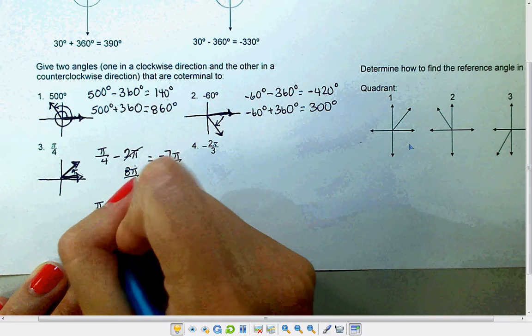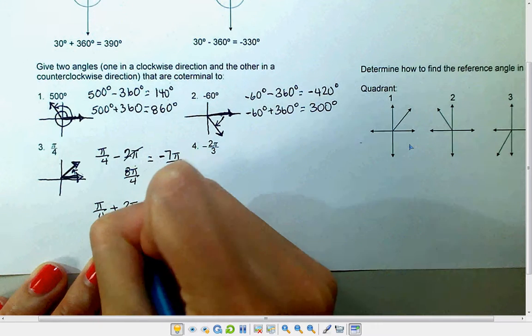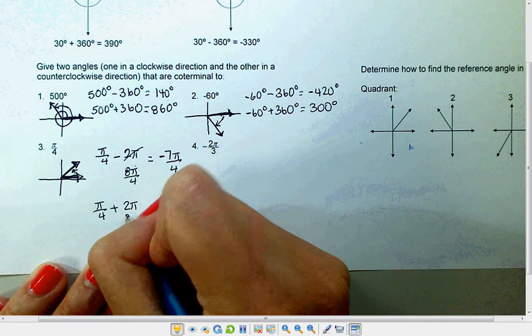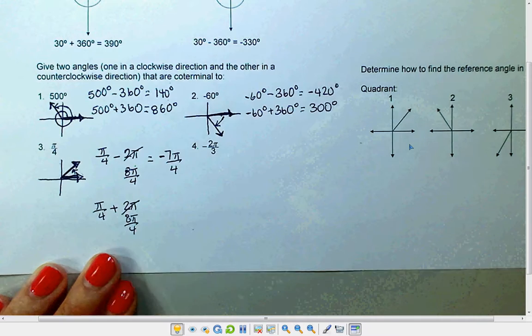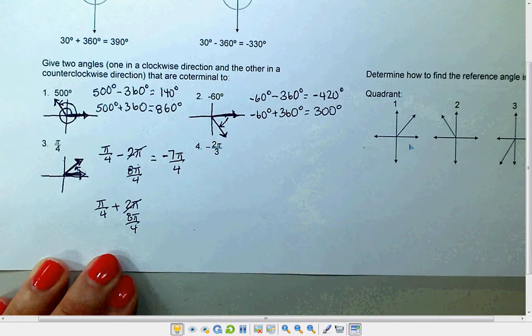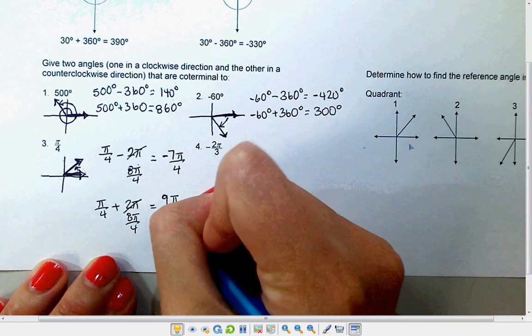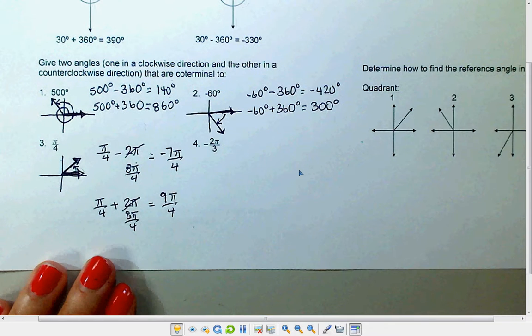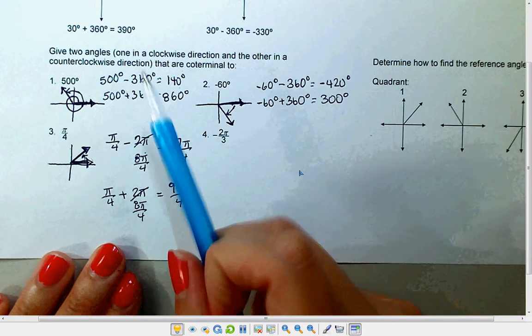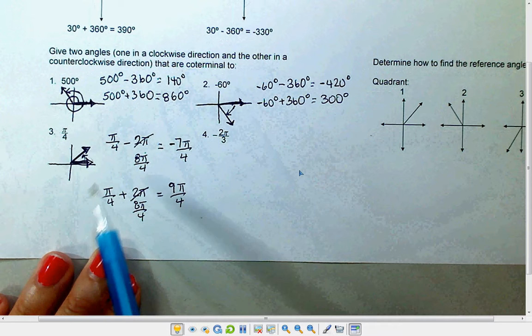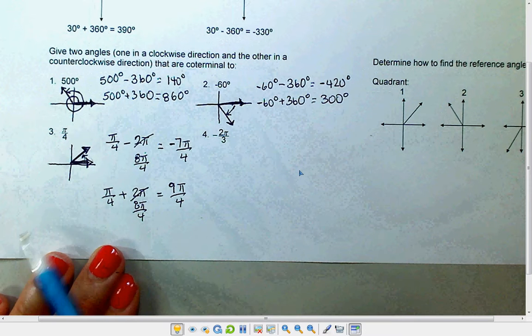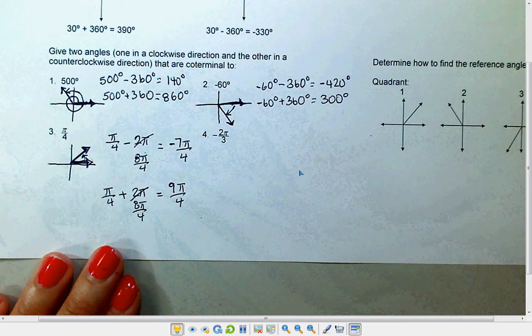I'm going to do the same thing and add 2 pi, which again is 8 pi over 4. And 1 pi over 4 plus 8 pi over 4 is going to give us 9 pi over 4. So just like with the degrees, we've just moved an entire rotation around, either counterclockwise or clockwise. So we're adding and subtracting 2 pi.